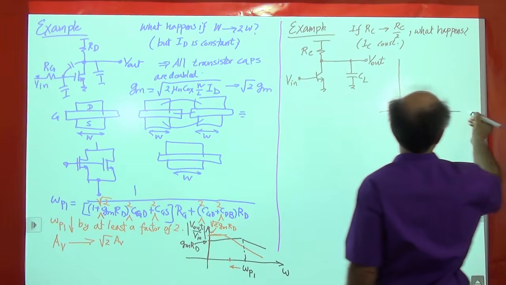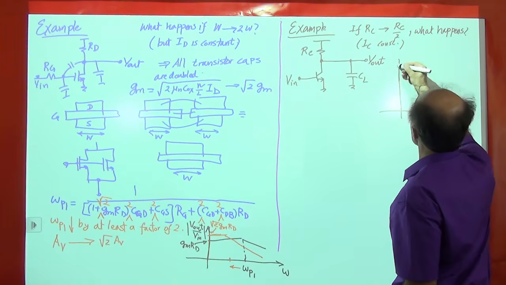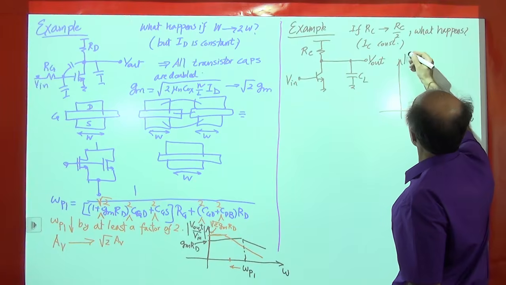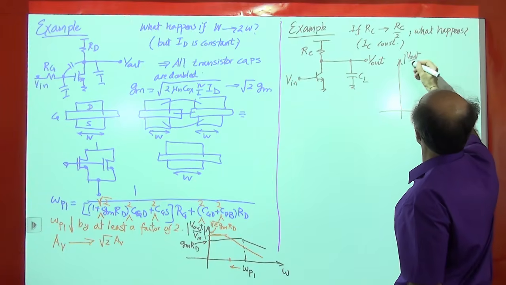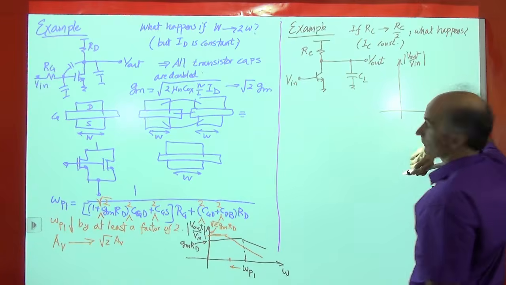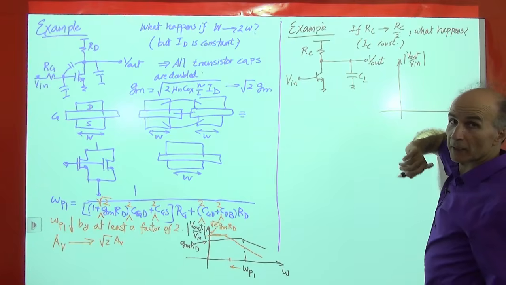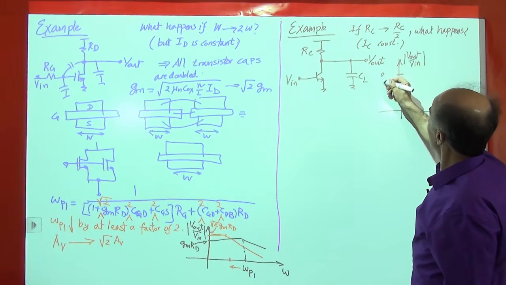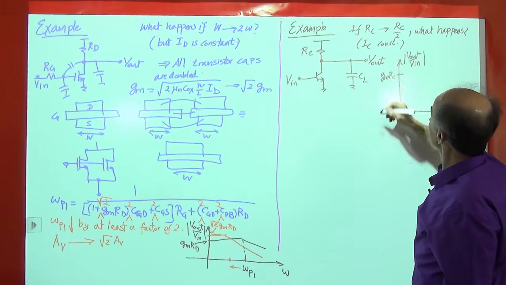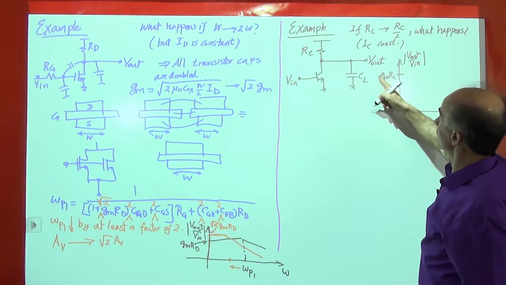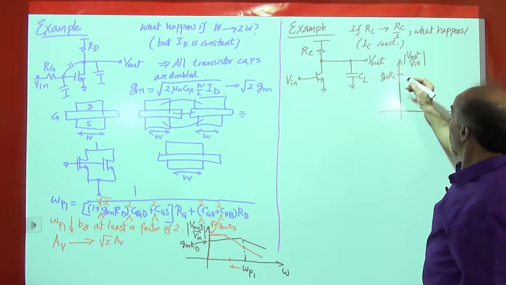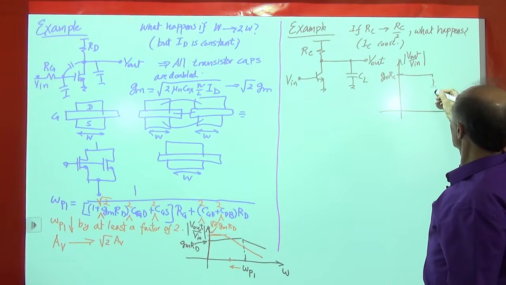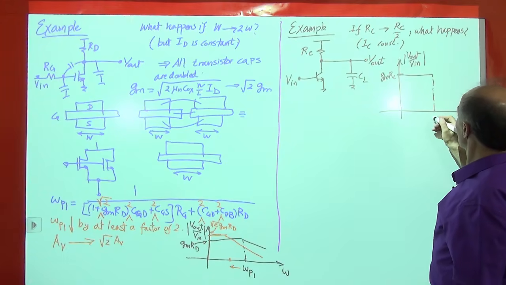This is very simple. There's only one pole. So again, the magnitude of V out over V in as a function of frequency. Initially, when we are here, we have a certain voltage gain, GMRC. This is absolute magnitude, so there's no negative here. And this goes on until we reach the only pole.